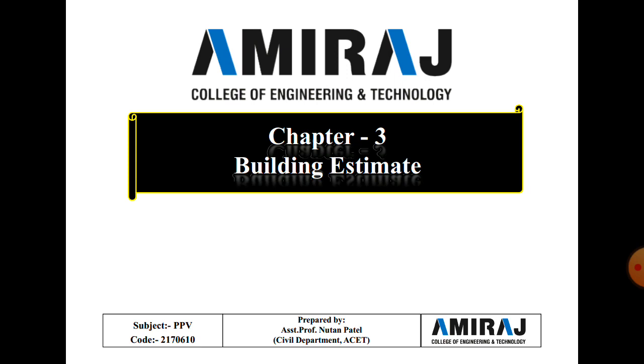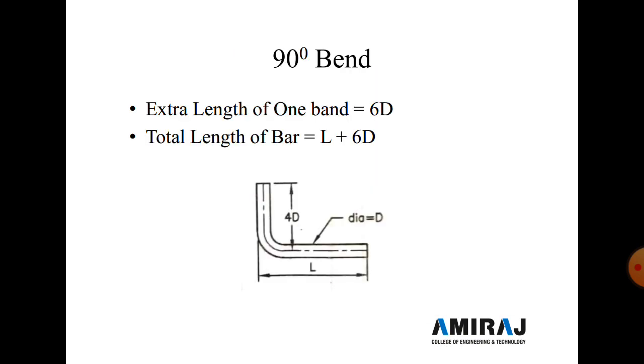Today in this lecture we will discuss building estimation, the general requirements, and some of the rules for estimating steel bar and calculating bar quantities. In this topic we discuss the extra length of bar required in bending, or in a bent-up bar.